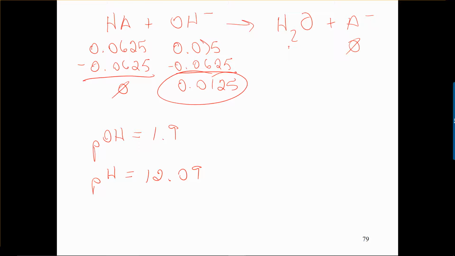You have leftover base, 0.0125. Because I have extra OH minus in solution, that's going to determine my pH. So the POH of that is 1.9, and the pH is 12.09. When you have leftover OH minus in solution, that's going to determine the POH of your solution, which will determine the pH.